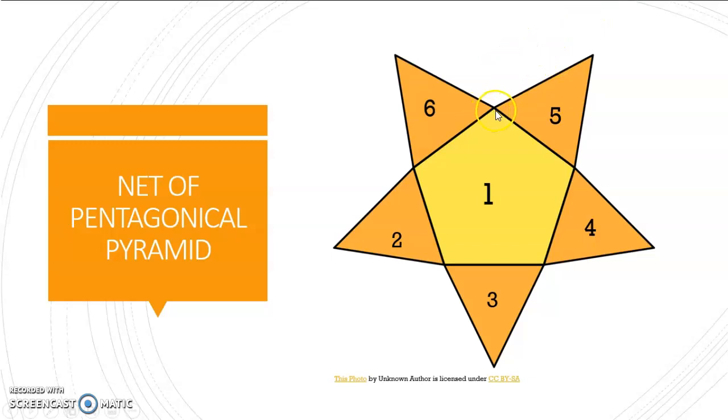If I look at the vertices, there will be 1, 2, 3, 4, 5, and the one at the top where they all meet. They all close and meet at the top, which will be my apex. So it's 5 vertices plus the special one at the top will be 6.